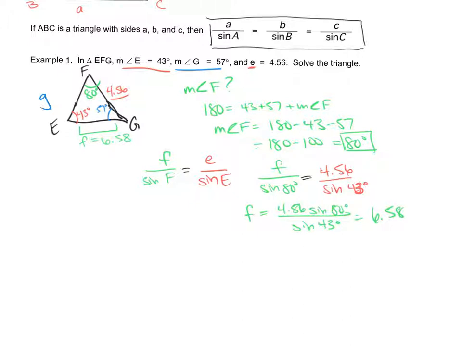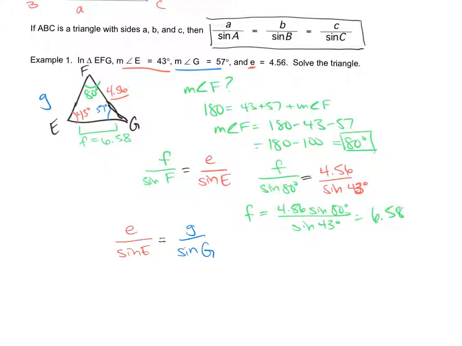We know that E over the sine of angle E is going to equal the length of side G divided by the sine of angle G, according to the law of sines. And we know 3 out of the 4 things in this.